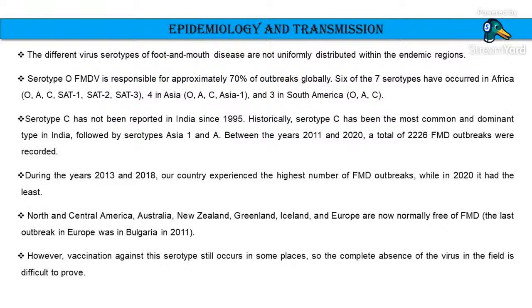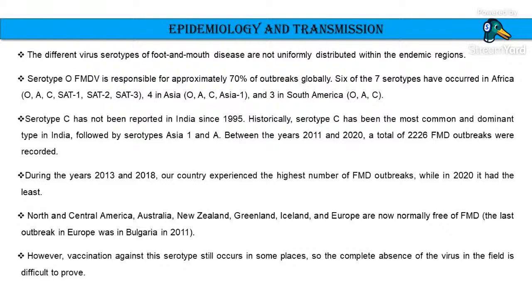Now many countries are free from FMD, like North and Central America, Australia, New Zealand, Greenland, Iceland, and Europe. In Europe, the last outbreak was recorded in Bulgaria in 2011. But vaccination against serotype C still occurs in some places, because the complete absence of the virus is difficult to prove.